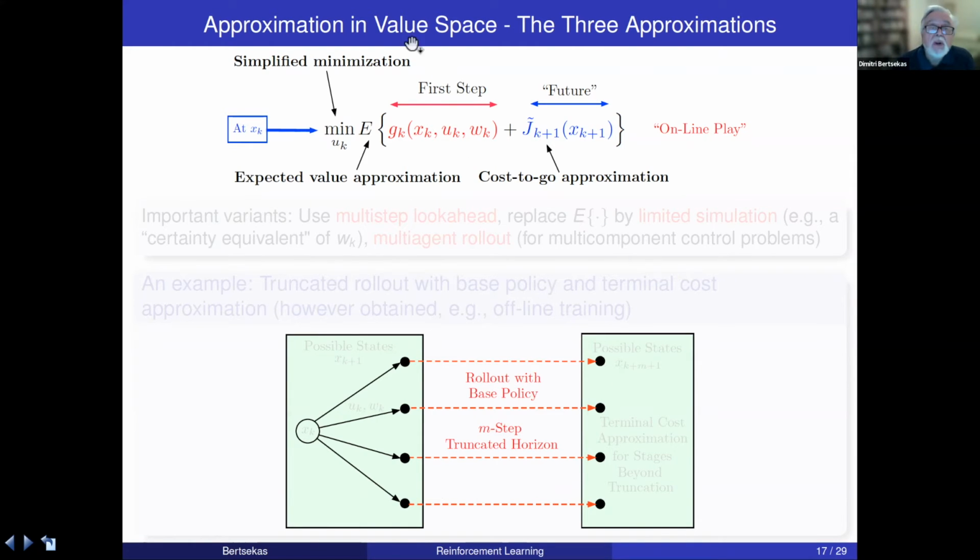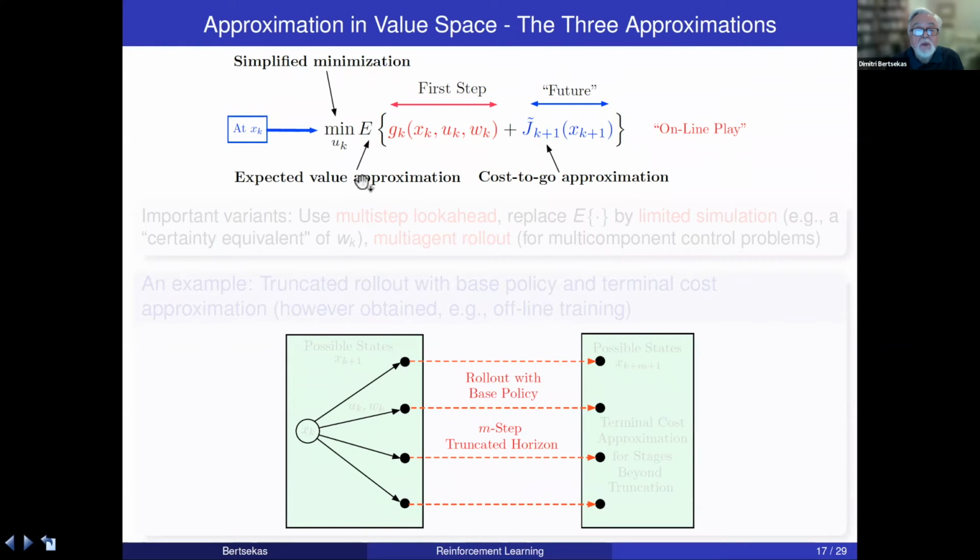Okay, so let's return to approximation in value space for the stochastic problem. What we do is, at a given state, we have to calculate a control. And we do this by minimizing the cost. The first stage cost is one step look ahead with a cost function approximation involving J tilde, some J tilde that we have calculated in some way. There are also other kinds of approximation that you can introduce in this minimization.